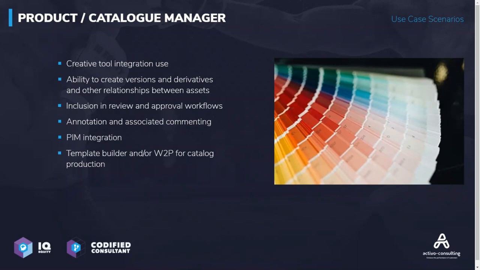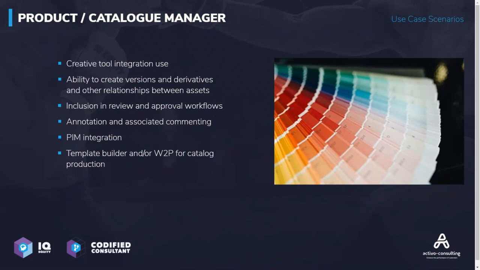In the more refined operations, there may be the use of page templates, maybe even web to print functionality, where products and product data, related images can be pulled directly again into InDesign to streamline the whole catalogue production process.